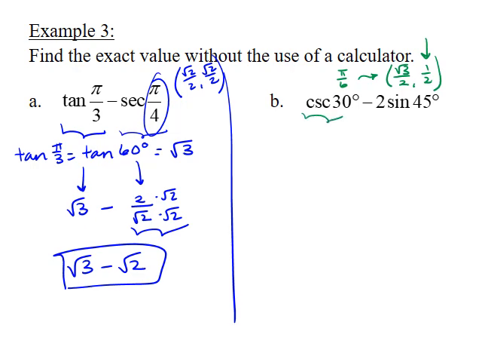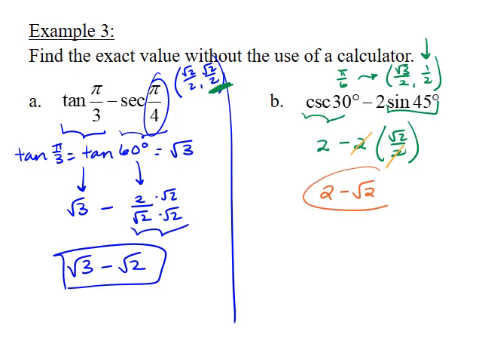The reciprocal then is 2. Sine of 45, we already figured that out in the previous example. It's the square root of 2 over 2. We're multiplying this by 2, so we can cancel those out, and this reduces to 2 minus the square root of 2. And that is the exact value without the use of a calculator.